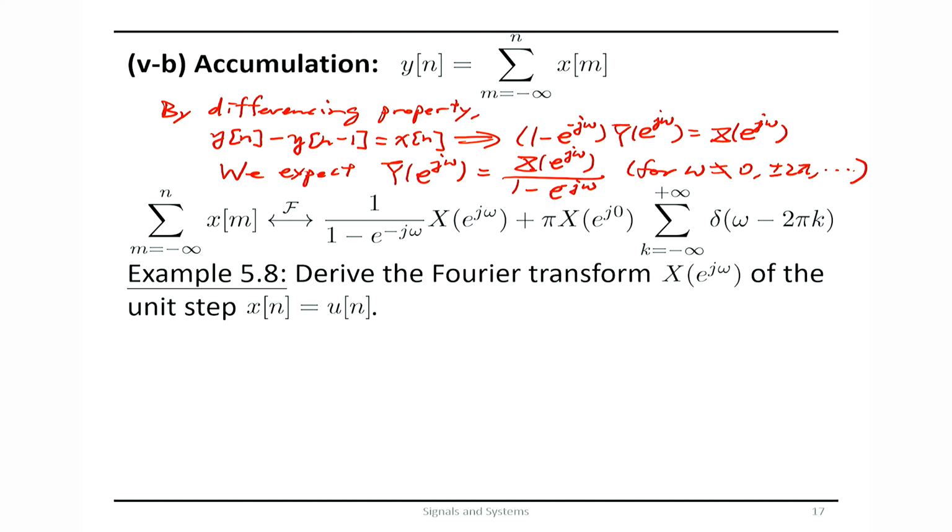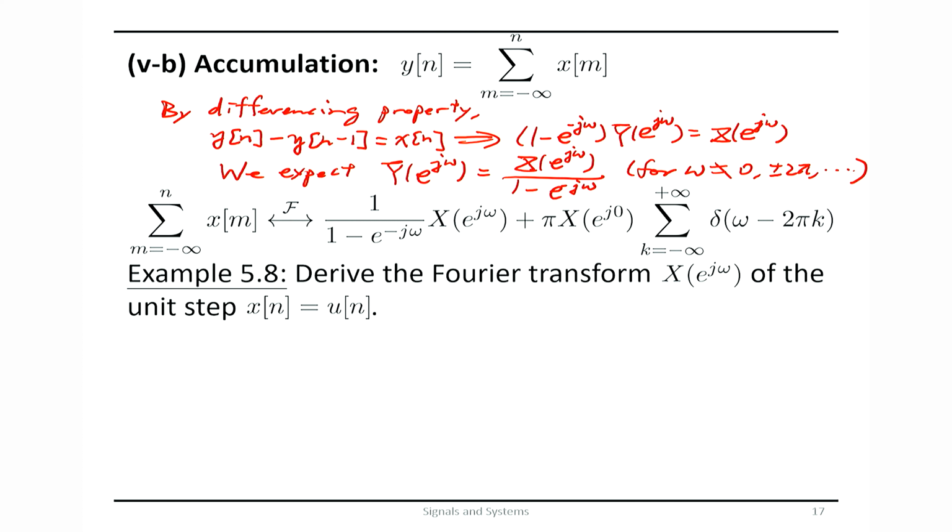Because if omega is 0 or an integer multiple of 2 pi, then this would become 1, and the denominator would be 0, right? You would not be able to divide by 0. But for omega that is not an integer multiple of 2 pi, you expect that the accumulation should give you a spectrum that looks something like this. And indeed, that is the case.